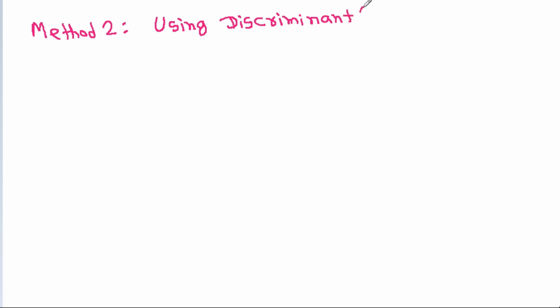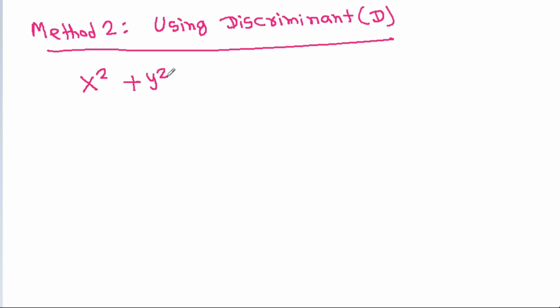And method 2, using discriminant D, we have x square plus y square is equal to x plus y plus 2, and x and y, they are integers.